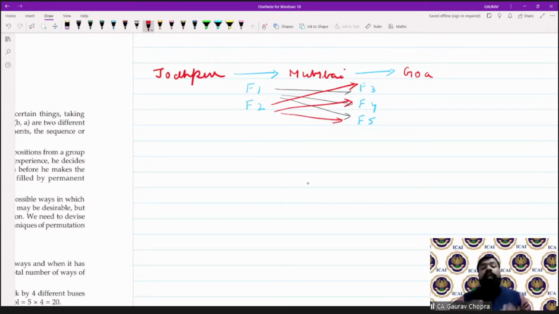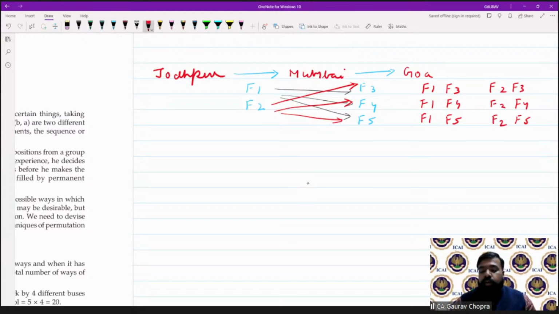That means in totality there are 6 ways of reaching Goa from Jodhpur. So we can write F1 F3, F1 F4, F1 F5. Similarly, F2 F3, F2 F4, F2 F5.